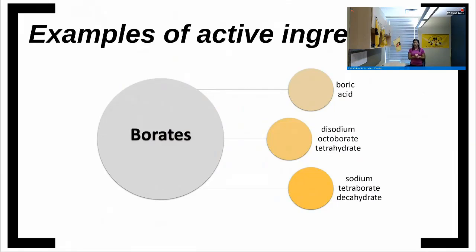That doesn't happen with the borates. Also, there aren't researches showing resistance of, for example, German cockroaches, American cockroaches against the borates like we see for pyrethroids. And they are slow acting, which is an amazing feature of this pesticide.